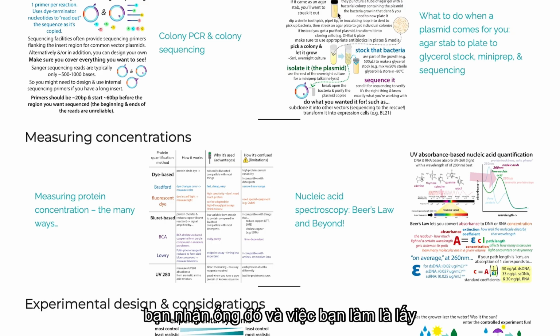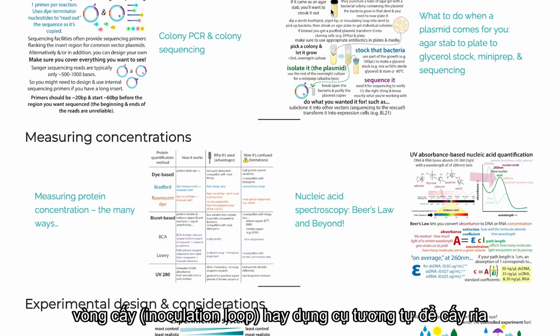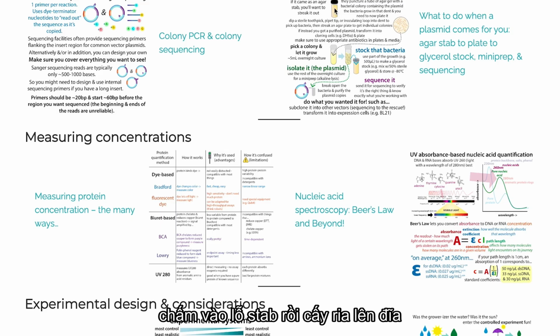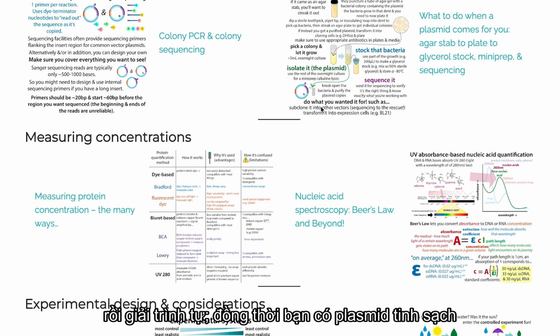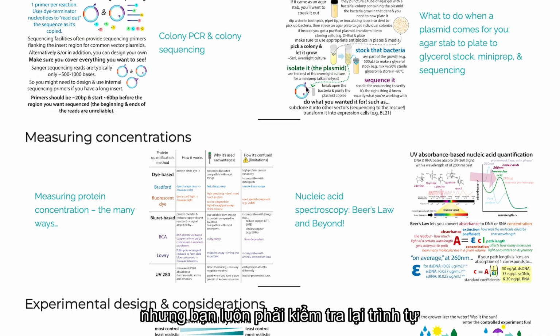And then you get this tube, and what you do is you take one of those inoculation loops or whatever, and you stick it into that stab hole, and then you streak your plate to try to get these individual colonies, and then you can grow those colonies up, mini prep the plasmid out of them, and sequence it, as well as now you have a purified plasmid. But you always want to check the sequence because sometimes they can be wrong, and it's always great to double check.